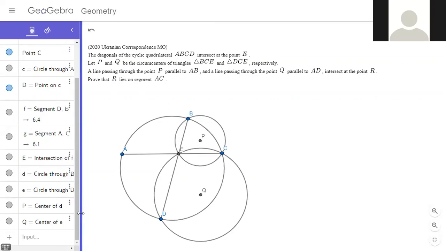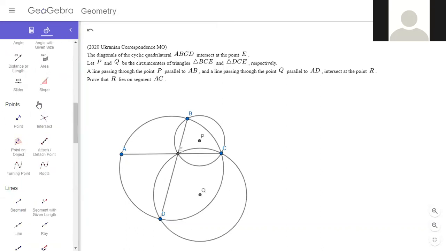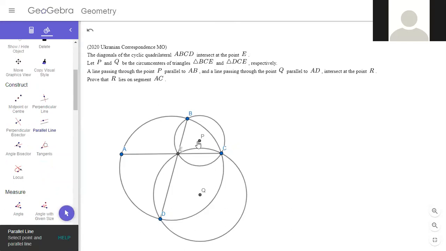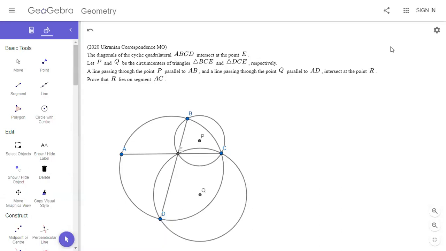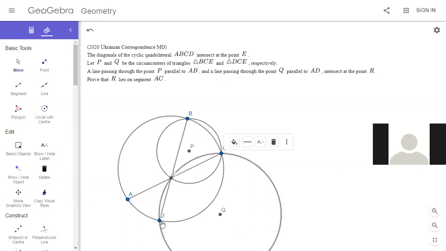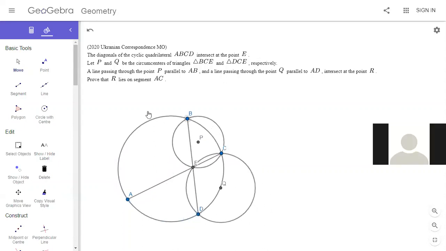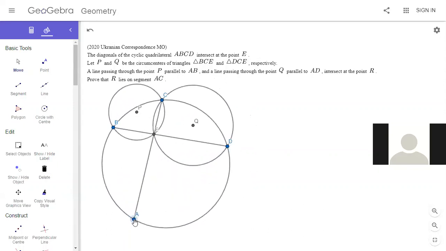A line passing through point P parallel to AB. So maybe it would have been better to, let me think about this. You know what, I'd rather draw it like this, or actually I could just move the points around. So what if I go like this? There we go.